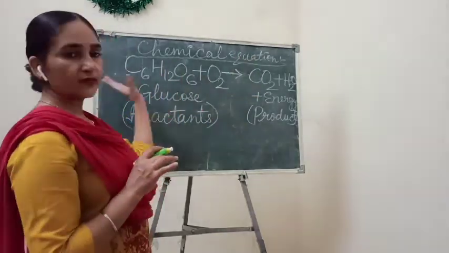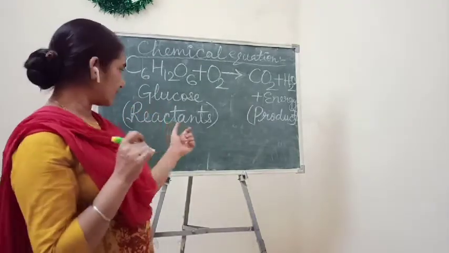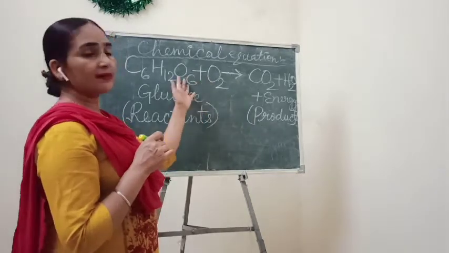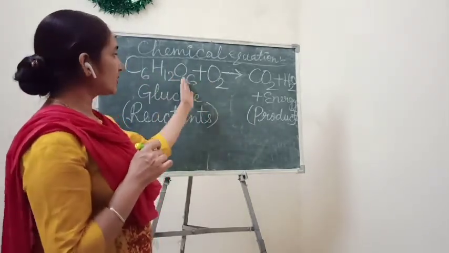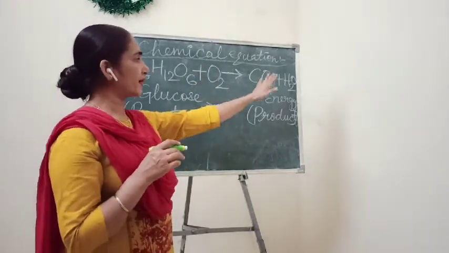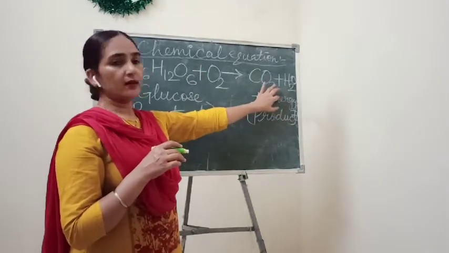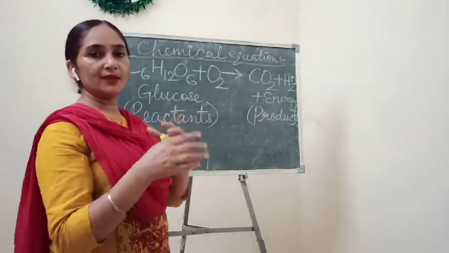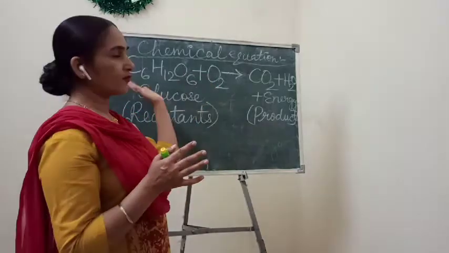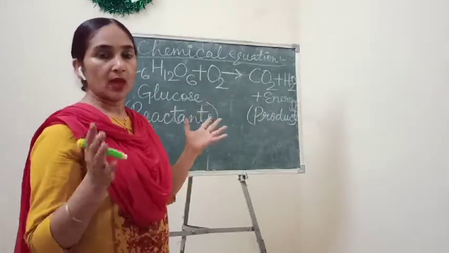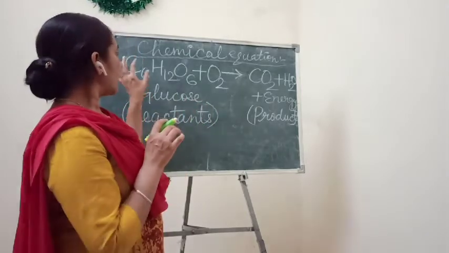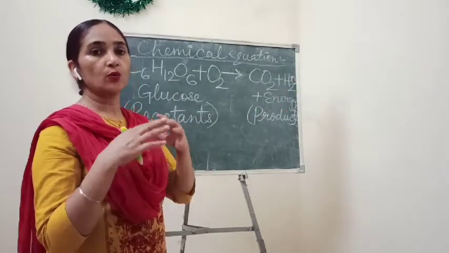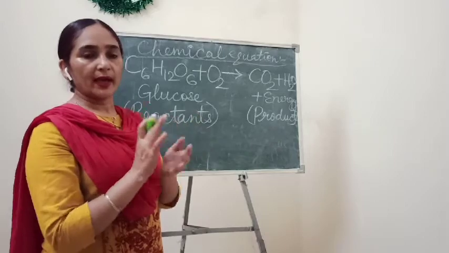However many atoms are present in the reactants, that many atoms should be present in the products also. Anything new can be formed by the combination of reactants, any product can be formed, but there should be a balance in the chemical equation, which is our next topic. Means how to balance the chemical equation. So that also we should know.